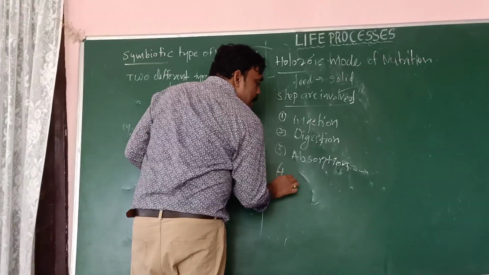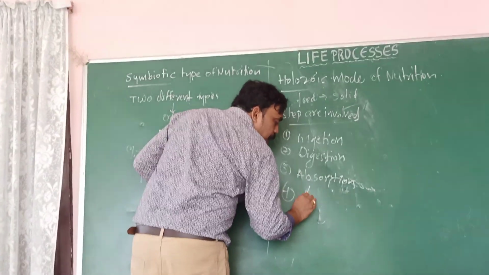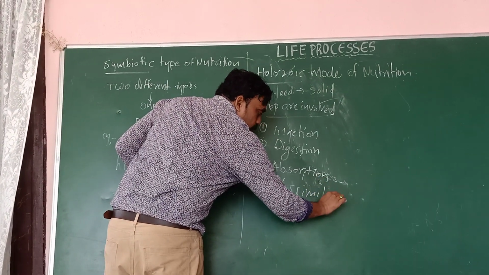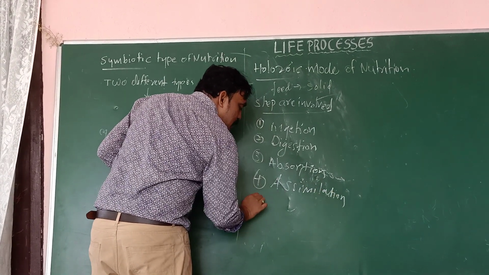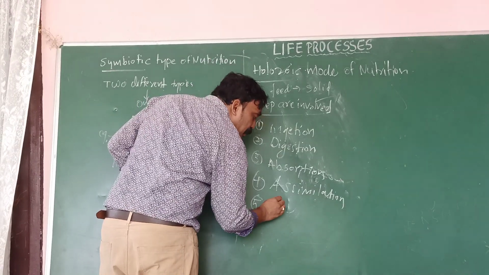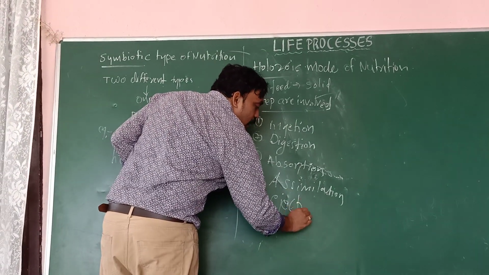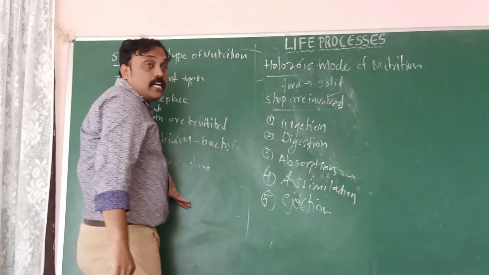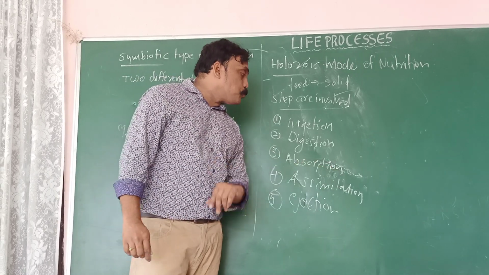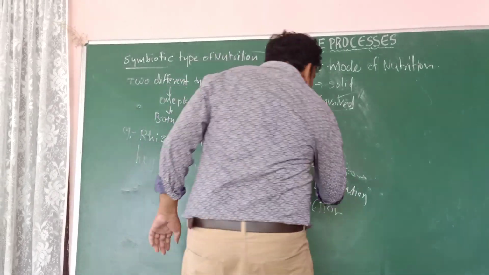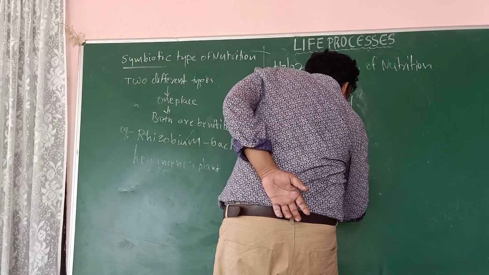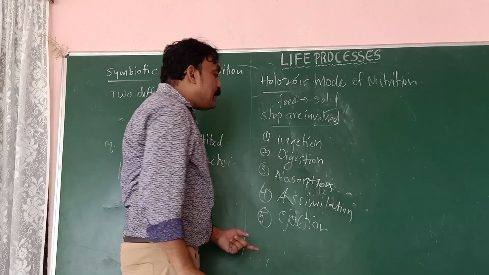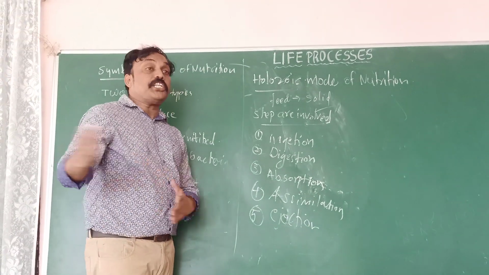The fourth step is assimilation. And the fifth step is ejection. Try to observe the difference between the words I am using. The first is ingestion, the second is digestion, the third is absorption, the fourth is assimilation, and the fifth is ejection.